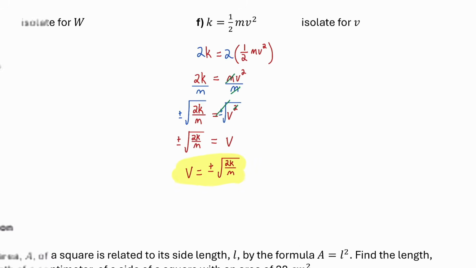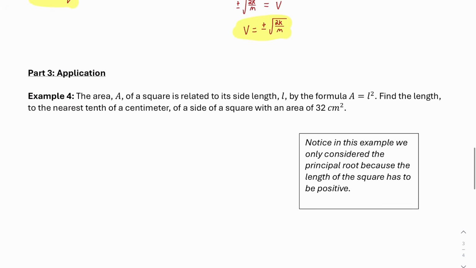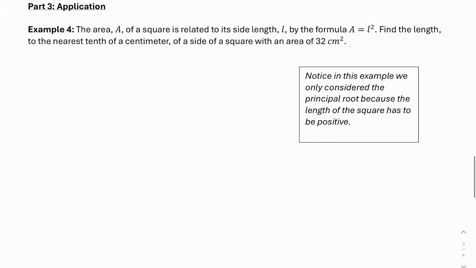And now let's do one last application question where the example says the area A of a square is related to its side length L by the formula area equals length squared. Find the length to the nearest tenth of a centimeter of a side of a square that has an area of 32. So this time it gives us the area and it's asking us to find the length.